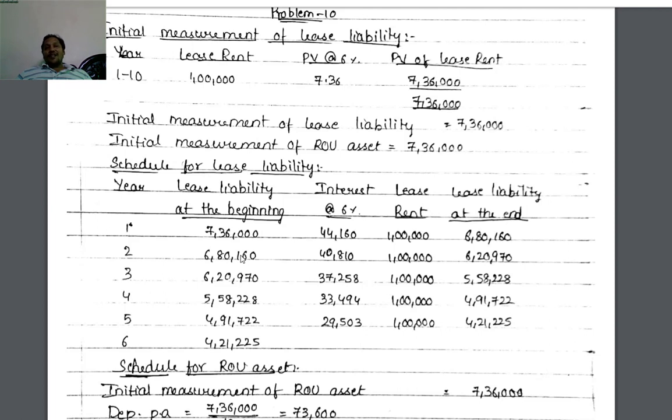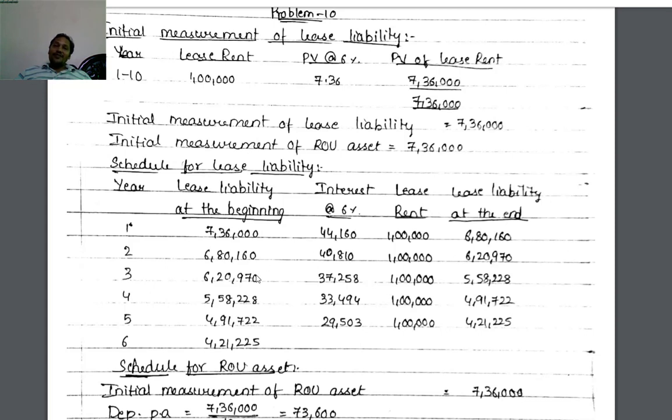Balance at the beginning of the second year, liability 6,80,160. Interest at 6%, 40,810. Lease rent payment 1 lakh. Lease liability at the end 6,20,970. So 6,80,160 plus 40,810 minus 1 lakh, 6,20,970.